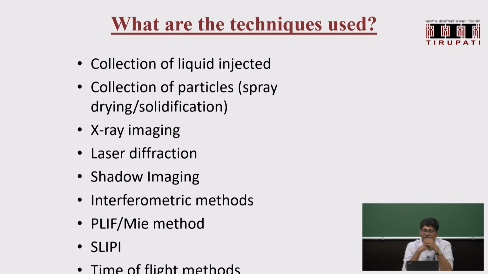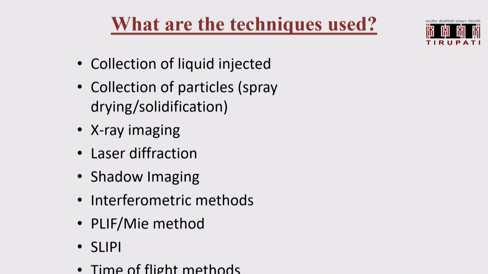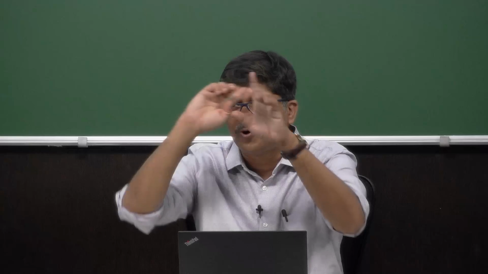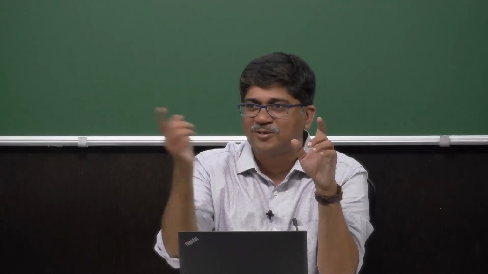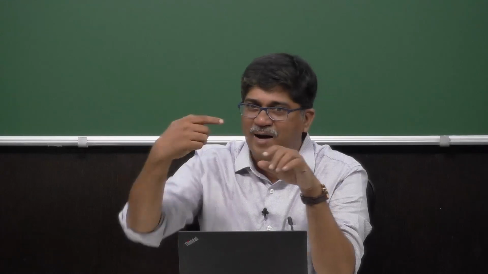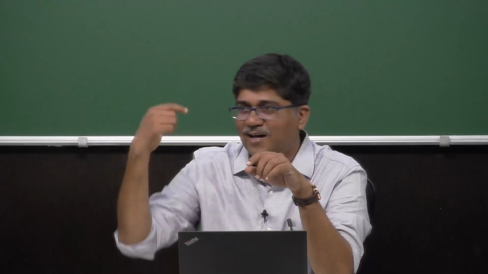And the time of flight depends on the obstructions you cause, so the light reaching the sensor will be different. Let's say I have multiple drops. Usually when you have a spray, at the core you have a lot of drops. Let's say it is a cone. At the center of the cone, the optical path is larger.